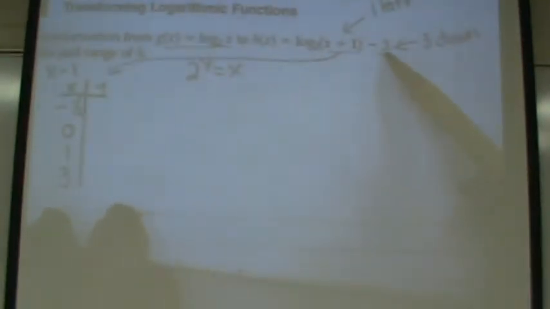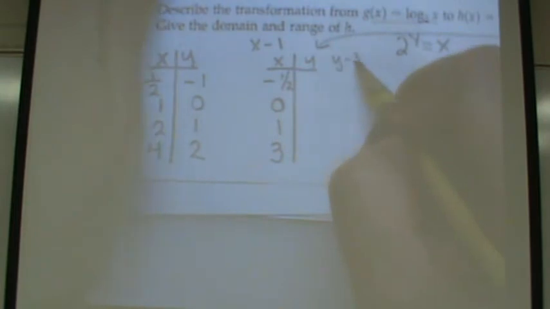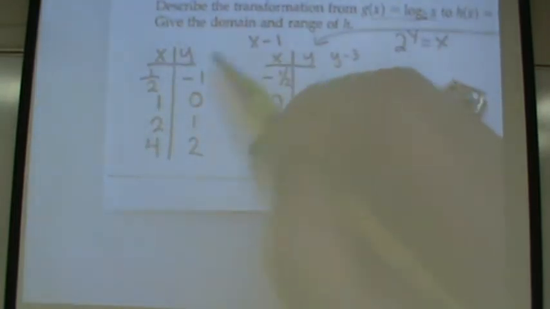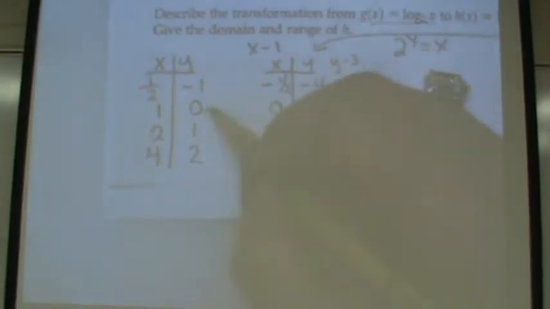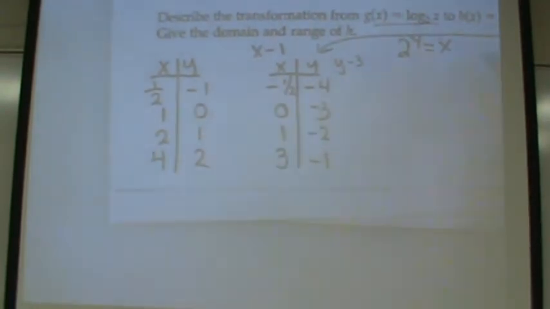3. Now the next step, right here, what does this minus 3 do? You take your y values and you subtract 3. So subtract 3, what do you get? And guess what these ordered pairs are?